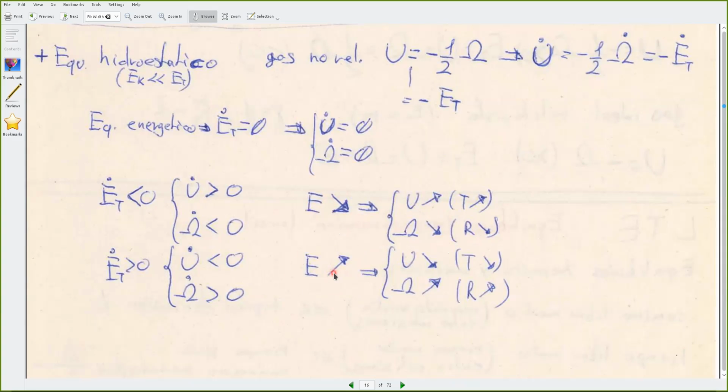Contraction means that the star contracts itself, not that something is contracting it. Usually a gas, to contract itself, needs to lose temperature. Here instead it is the opposite. If the star increases its temperature, it will contract.